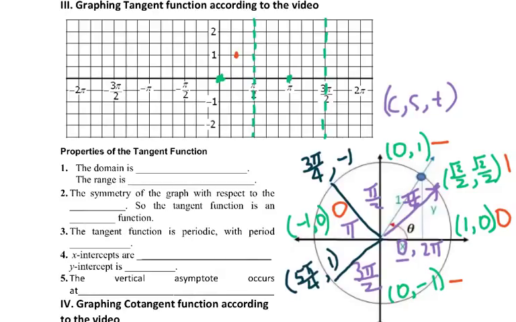So let me plot these points. You will have 3 pi over 4, that's over here. It's a -1, so go to this. And 5 pi over 4 is over here. That's a +1. So we draw the graph like this.